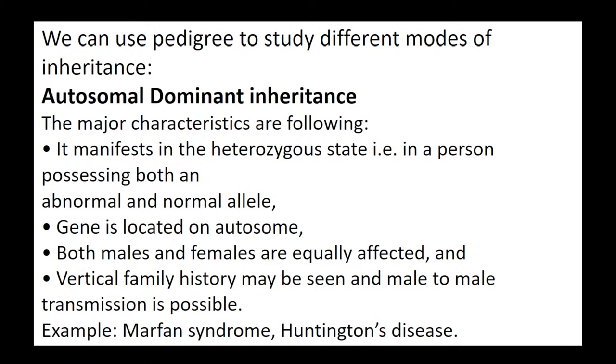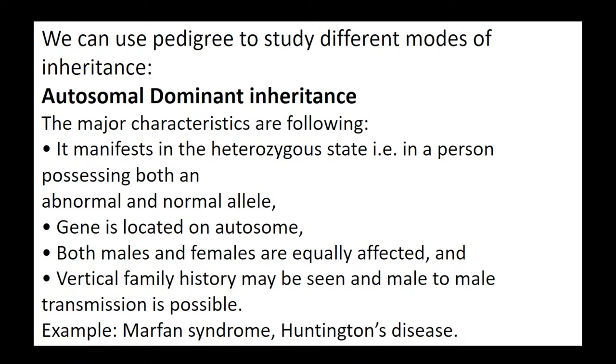So we can find characteristics in heterozygotes and dominant homozygotes. The gene is located in autosomes, so we can find these characteristics equally in males and females.